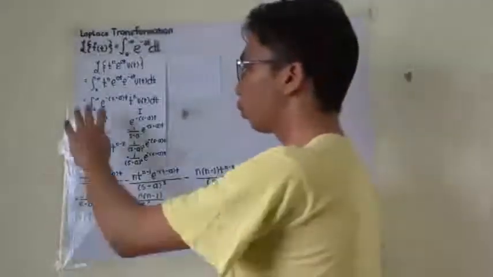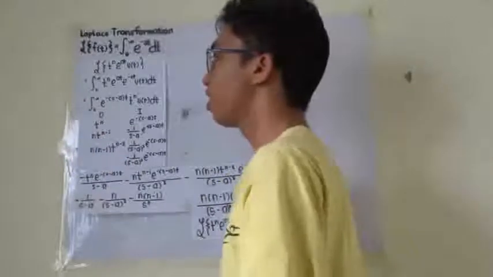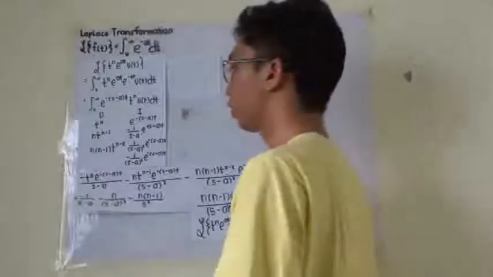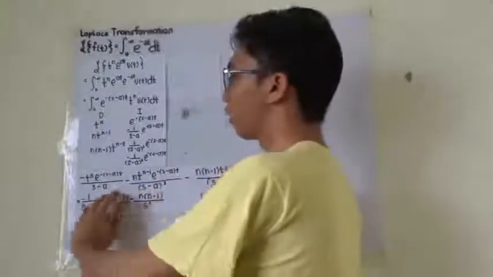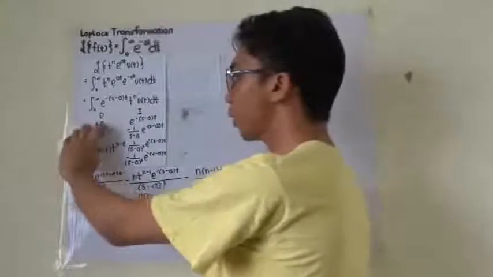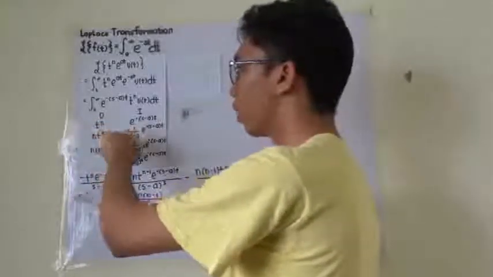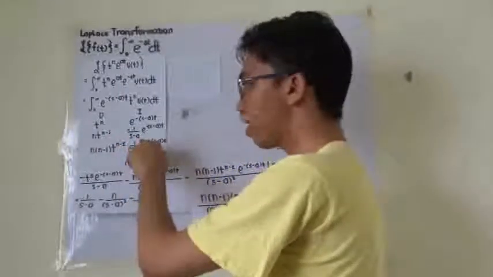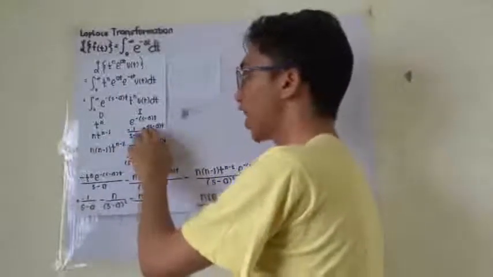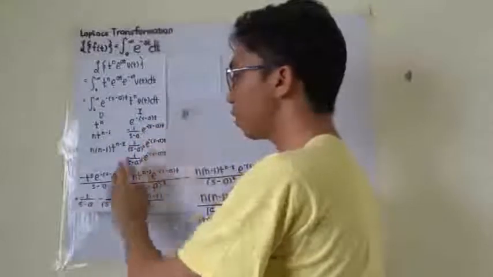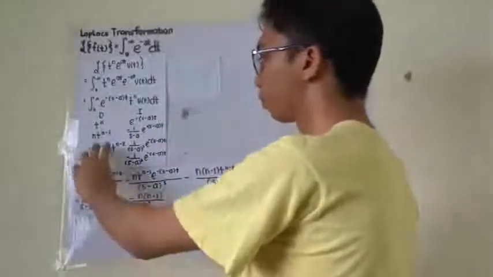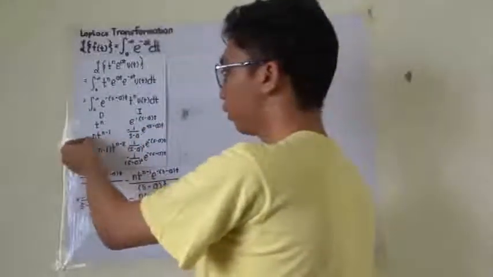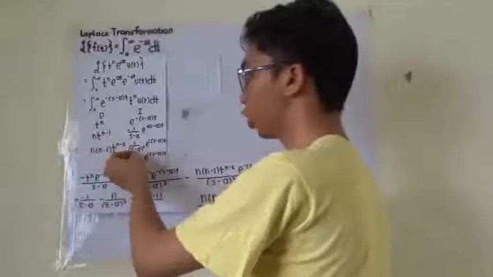And now we will cross multiply the derivative and the integral part. So we have t raised to n with negative 1 over s minus a times e raised to negative s minus a times t here, and the derivative part cross multiply with our integral part.